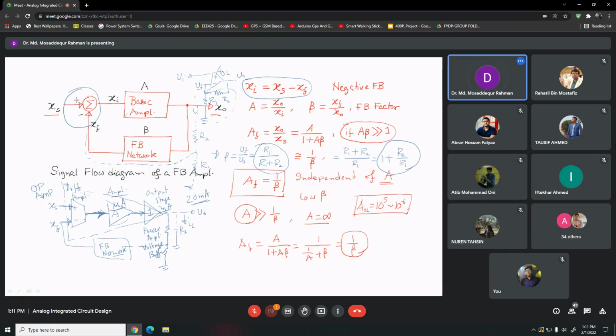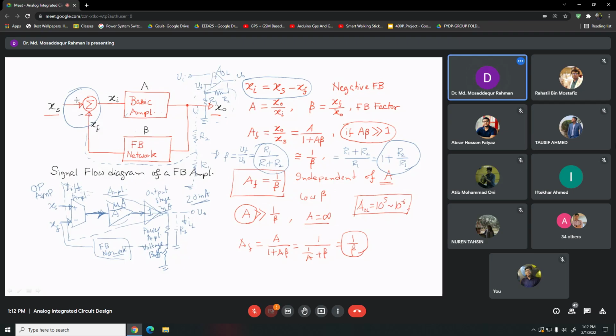We'll see how we can construct and design this difference amplifier circuit. And then we have this multi-stage amplifier, or amplifier with some active load to have very high gain. And then we add the voltage buffer, all these circuits integrated on one single chip. We call it op-amp.